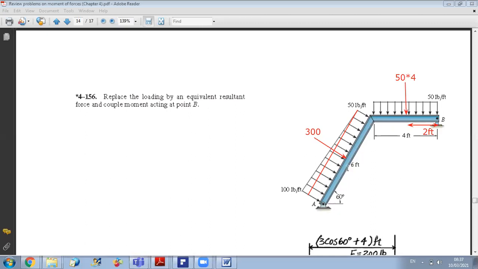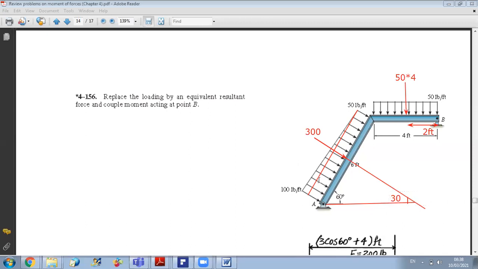Since this force is perpendicular to the beam, and the beam is doing 60 degrees with the horizontal, then you can deduce that this force will do an angle of 30 degrees with the horizontal. So if I want to decompose this force after, I can say it's doing 30 degrees with horizontal, or 60 degrees with the vertical.